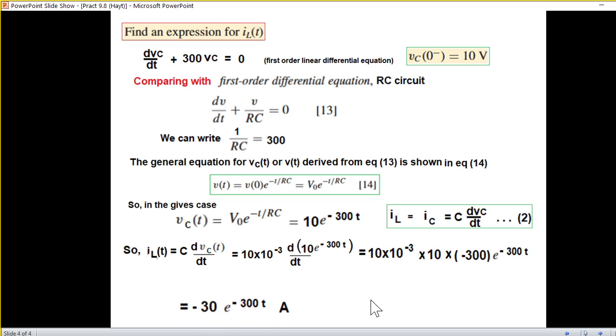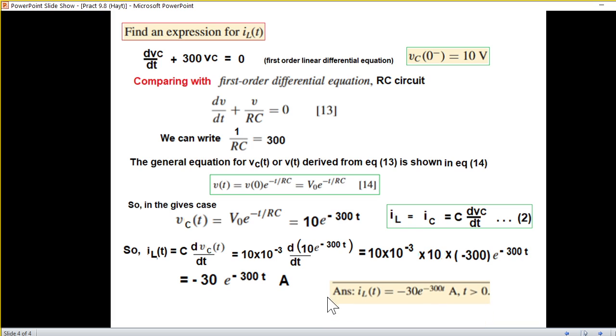So this equation is actually minus 30 e raised to the power minus 300t ampere. So this is the answer that we are looking for. And the book answer is also the same. Minus 30 e raised to the power minus 300t ampere for t greater than 0.